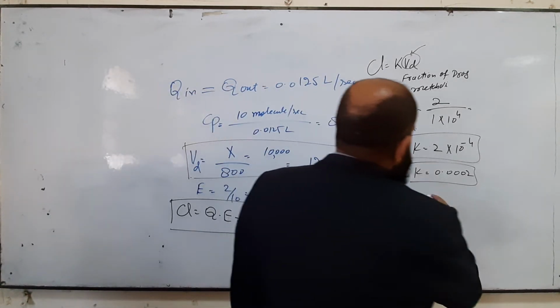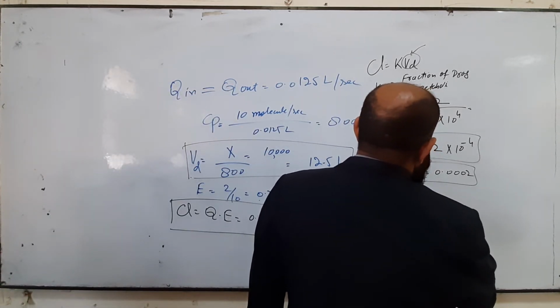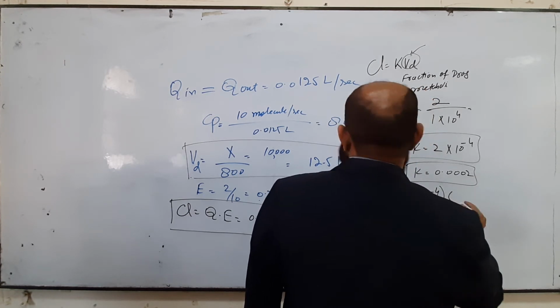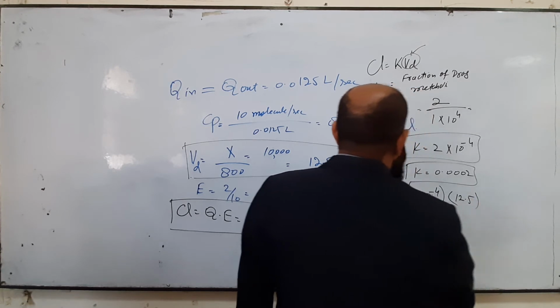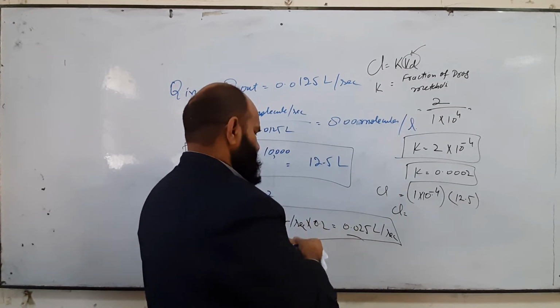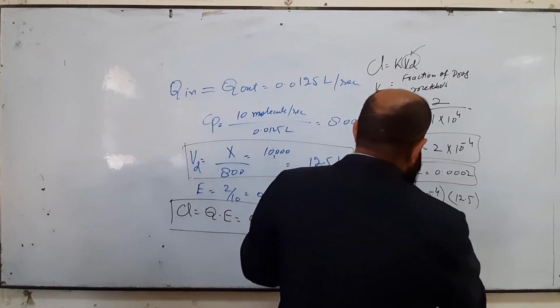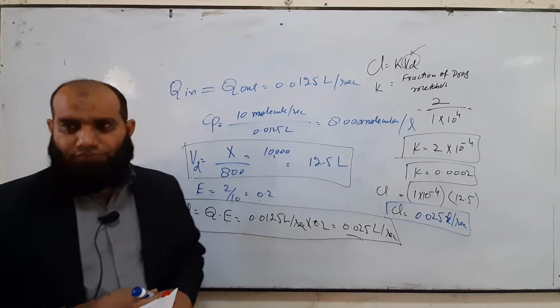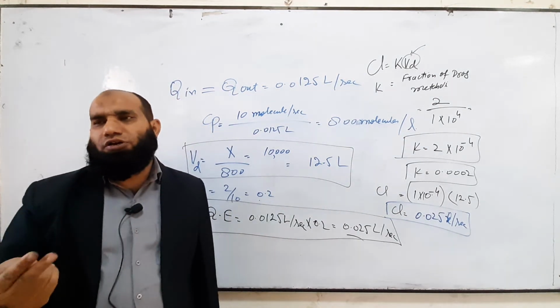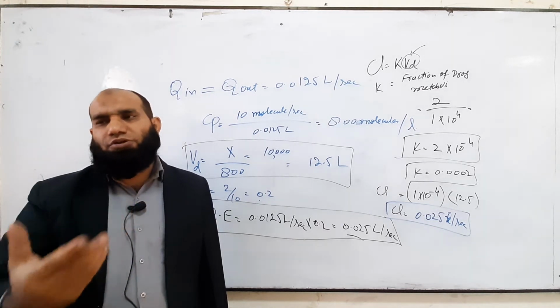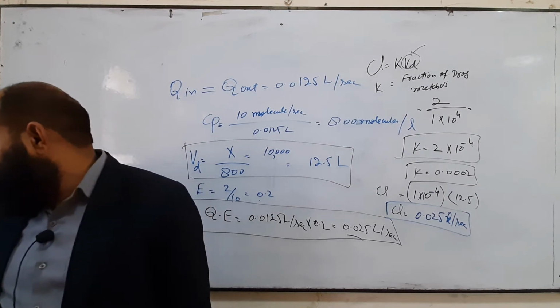Once again, K is 2 into 10 power minus 4 and VD is 12.5, and our clearance is the same, 0.025 liter per second. By using the two different formulas, we have obtained the same answer.